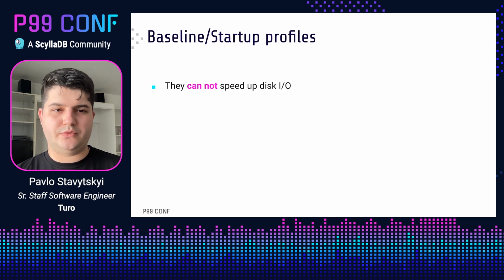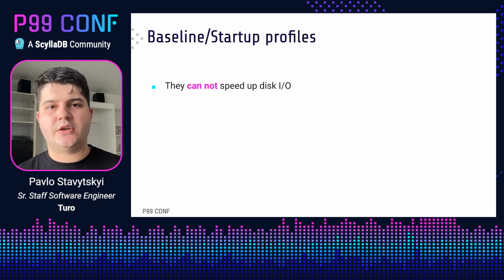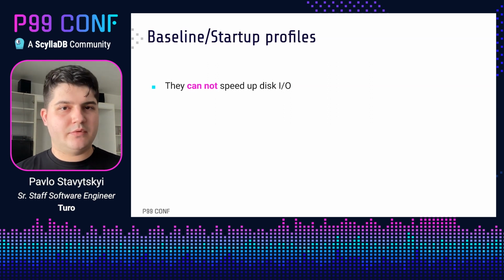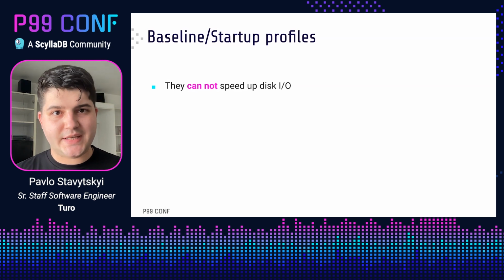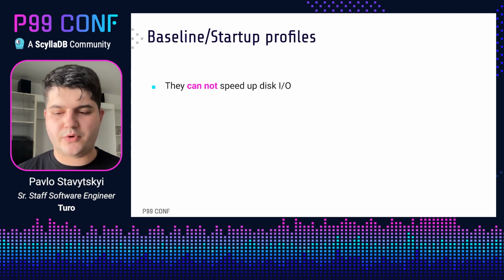However, there is a problem with those tools. Baseline and startup profiles cannot speed up disk I/O, which means that no matter how fast your code is compiling, if you're using disk I/O operations on startup, they will significantly decrease the efficiency of startup and baseline profiles. That's why I mentioned that disk I/O is very important, and it's important to keep startup light and avoid those operations.